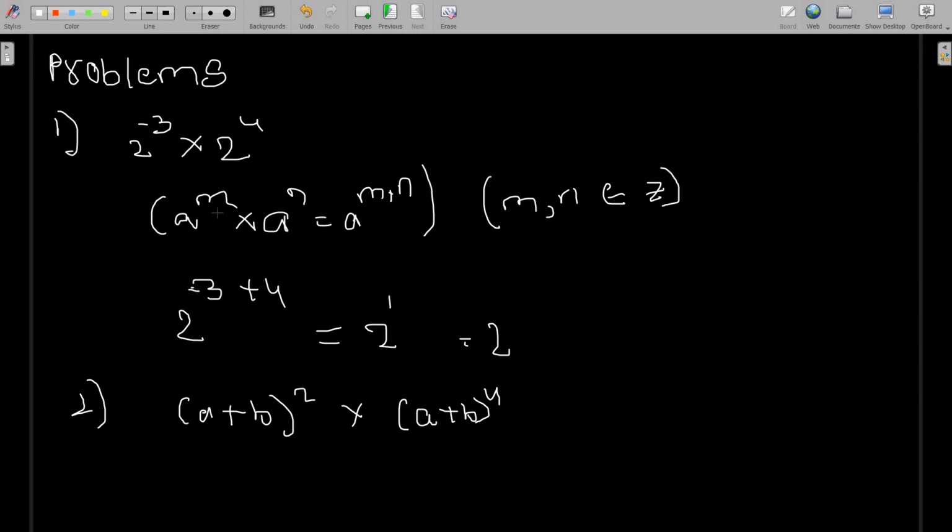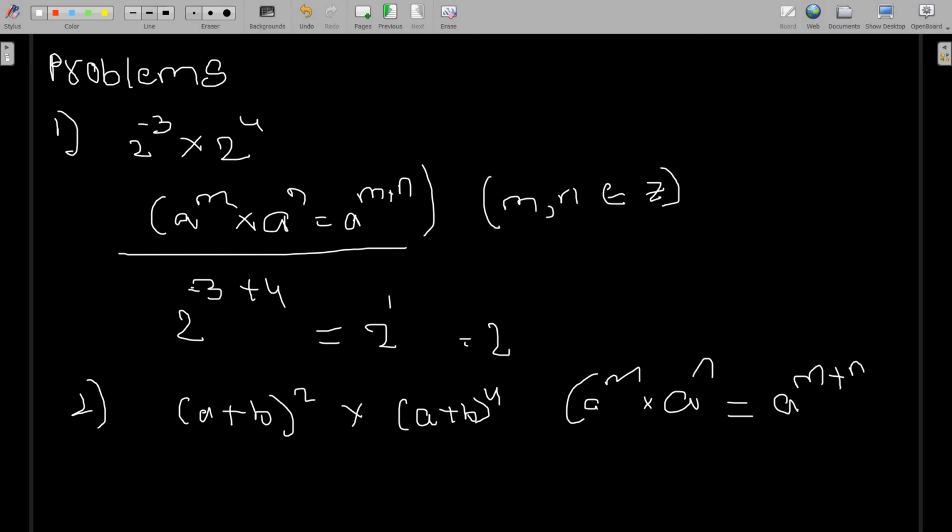That time, according to the statement, a power m into a power n equal to a power m plus n, and m and n belong to Z. Z is the symbol of integers.